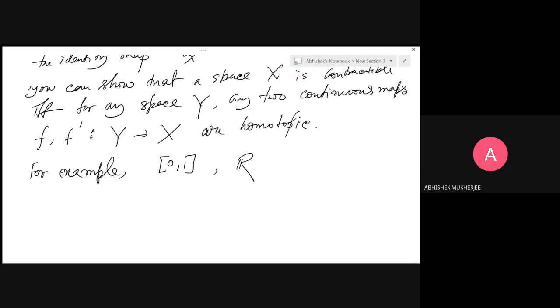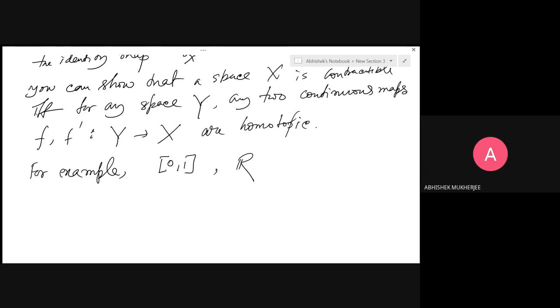So you can always have this straight line homotopy between any two points. Just check on your own that the identity map is straight line homotopic to a constant map. For this reason, these two spaces are contractible spaces. And also an important fact on contractible spaces is that a contractible space is path connected.